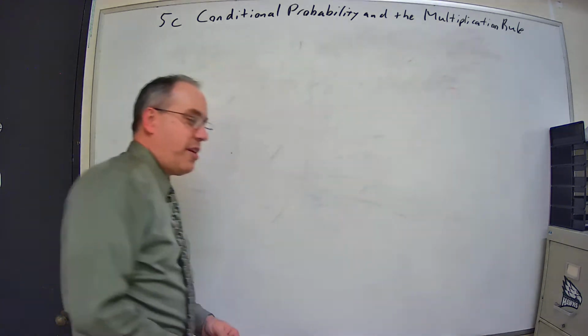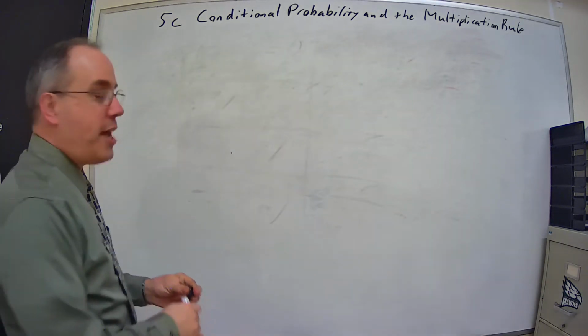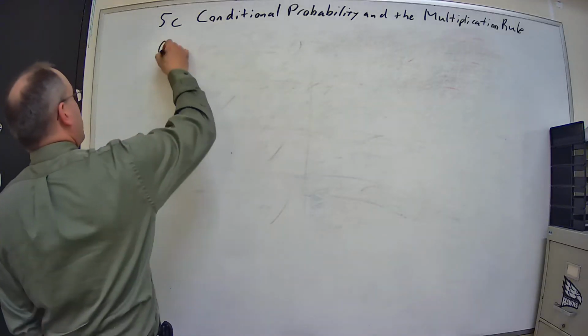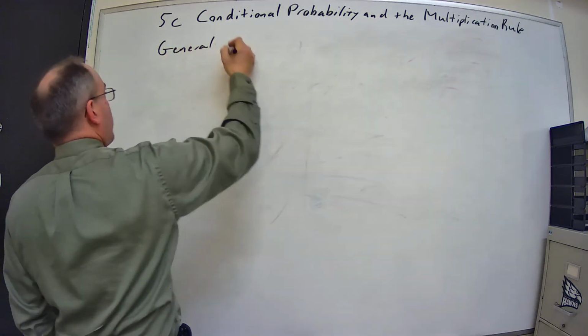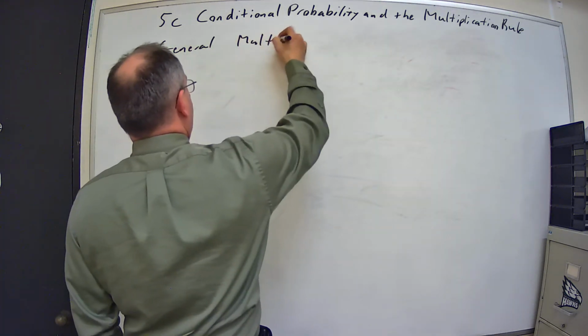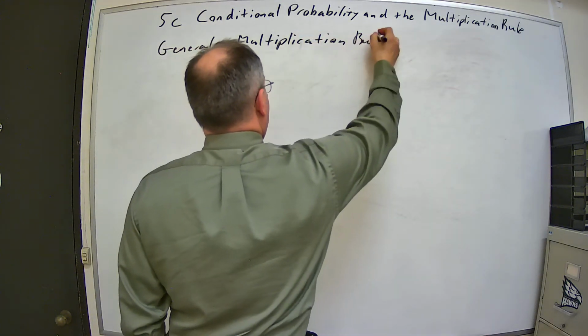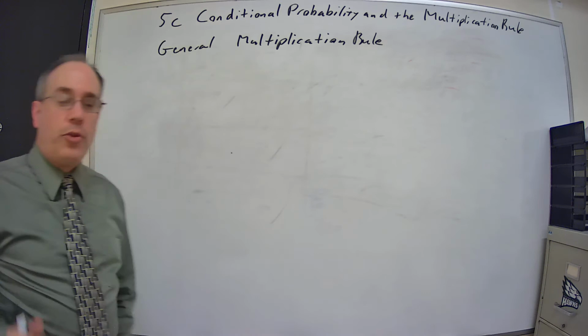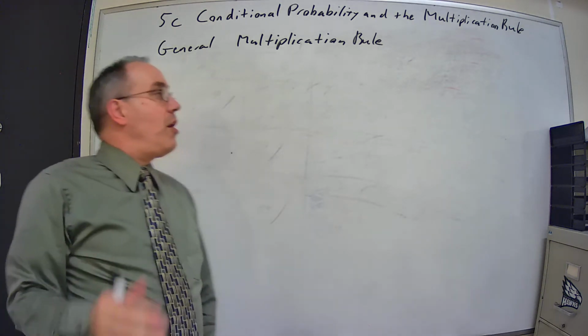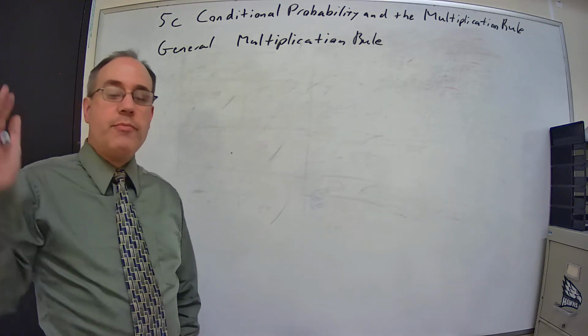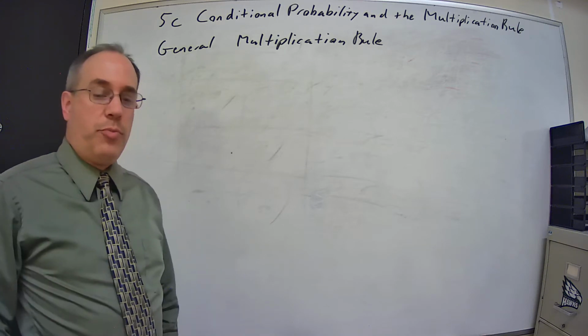Now, let's move on to the multiplication rule, or the general multiplication rule. The general multiplication rule comes from conditional probability.